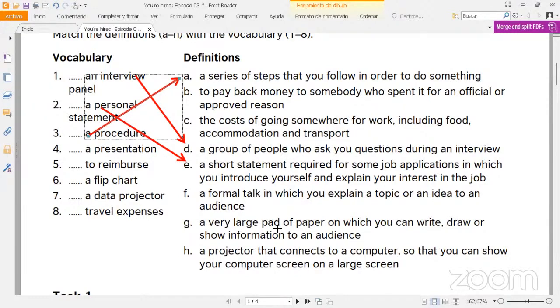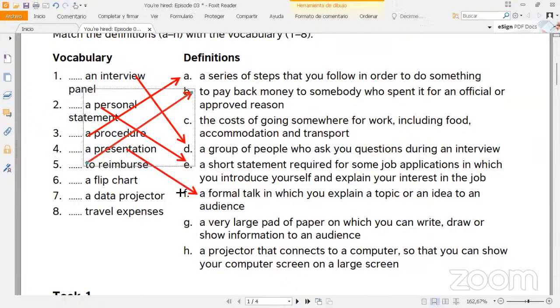Letter H. No. A presentation. Letter F. Okay, F, right? To reimburse. Letter B. Yes.